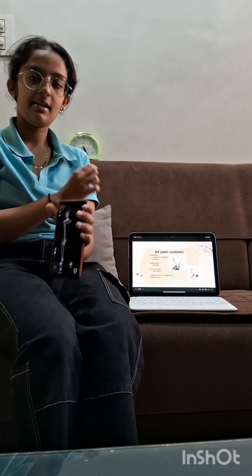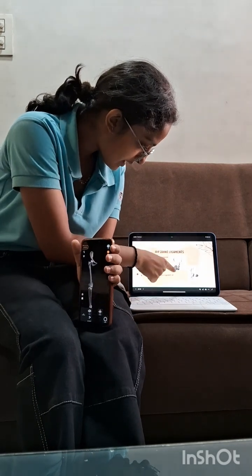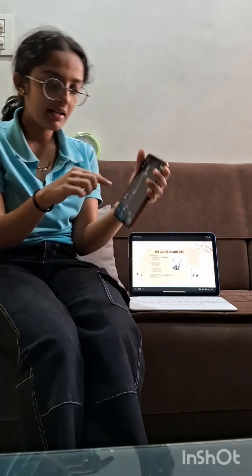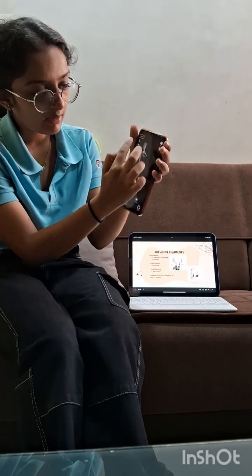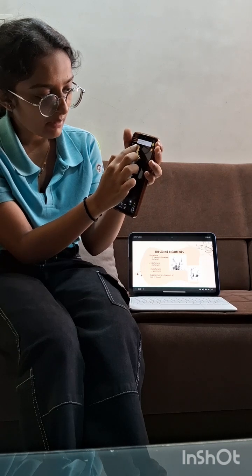Now the ligaments. First is the iliofemoral ligament, the ligament between the ilium and the femur. Let me show you.